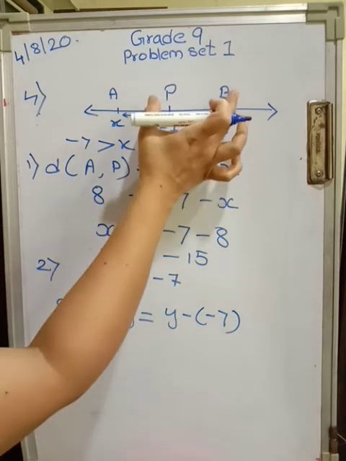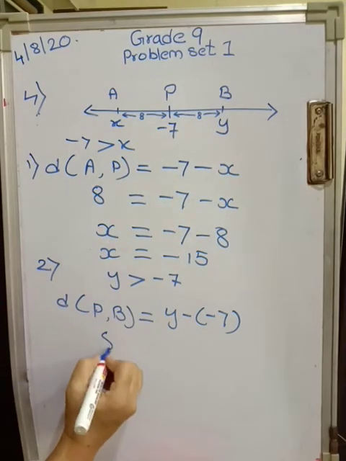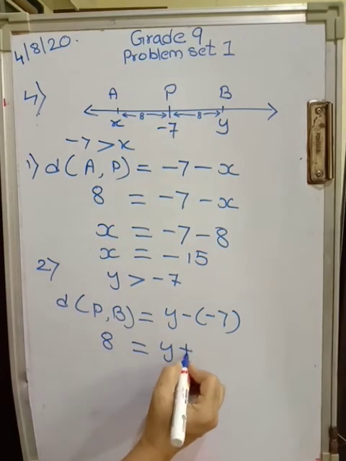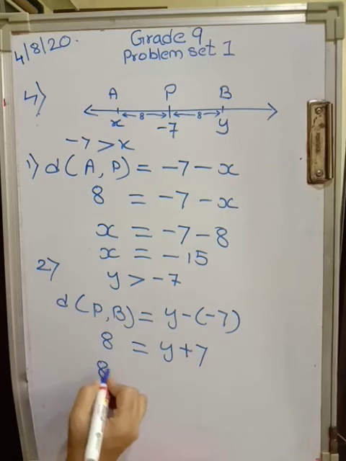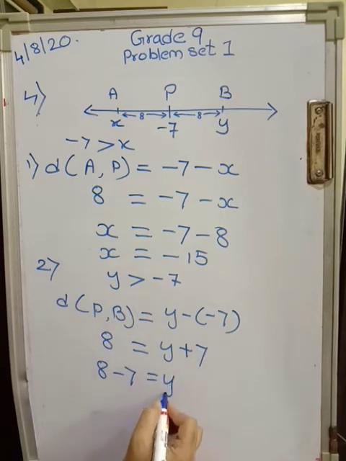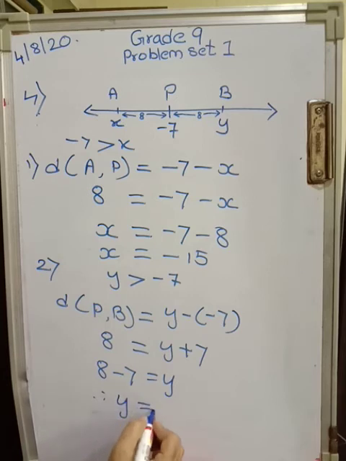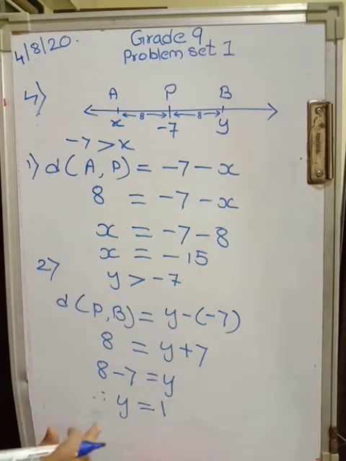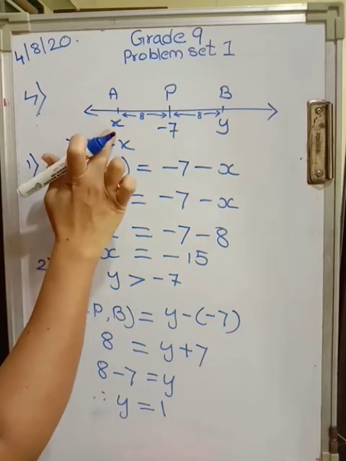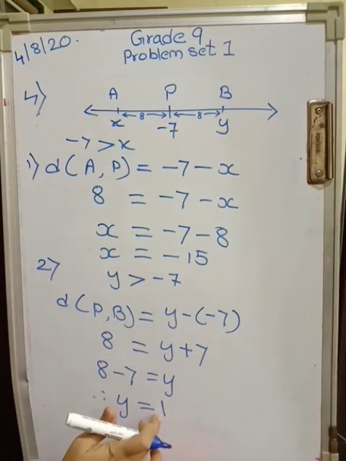But what is distance PB? It is again 8 units. So 8 is equal to Y minus 7. Therefore, 8 plus 7 is equal to Y, and Y is equal to 15. So what are the coordinates? Either it will be minus 1 or it will be 15. Okay, that's your answer. So that was your fourth question.